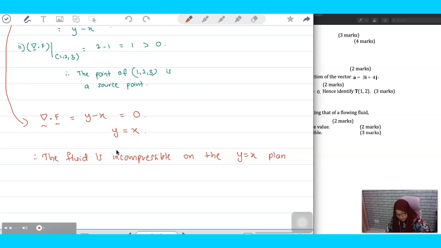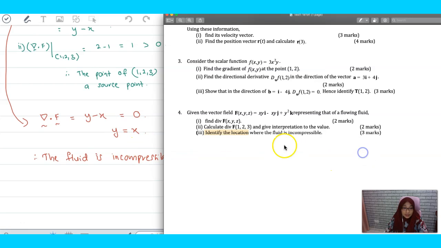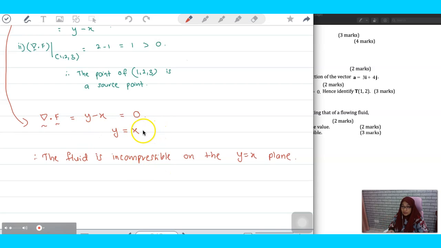What does this mean? Look here. Do we have 3D or 2D? Based on the information provided, we have i, j, k, which means the fluid we have here is in 3D. So using the result from the third question, for the fluid to be incompressible, the value of x should always equal y.